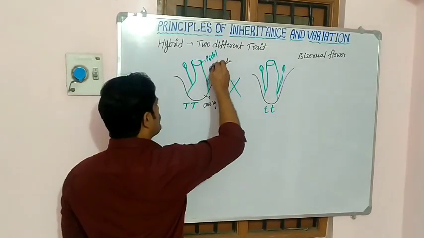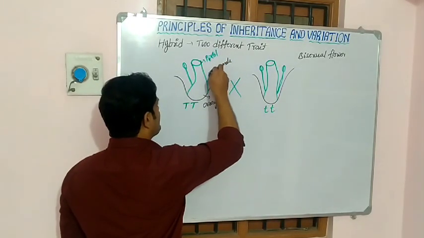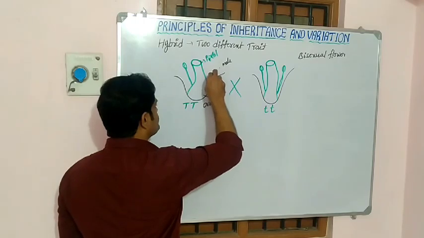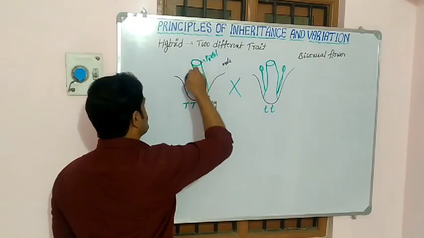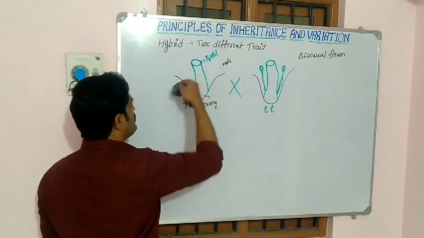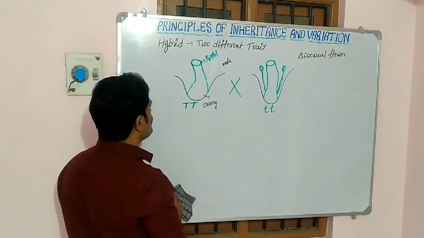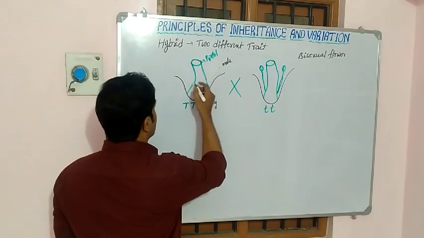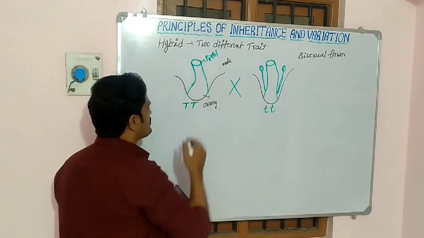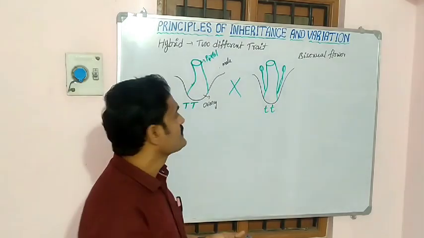Why did he remove it? To prevent self pollination. So Mendel removed the anther from the first flower.